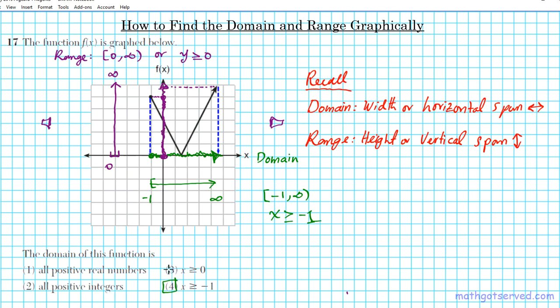If you look at this distractor here, number 3, that's terrible because it has x. When you're dealing with the range, you use y, or you can write f of x is greater than or equal to 0. So the notation alone can automatically help you determine which is applicable. So this is the range from 0 to infinity, or y greater than or equal to 0, and the domain is -1 to infinity, or x is greater than or equal to -1.